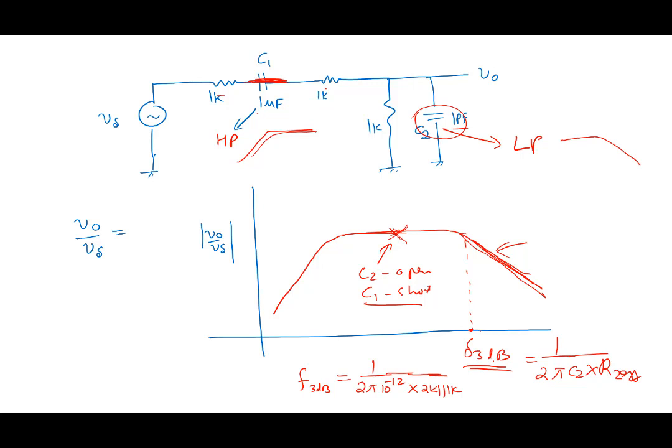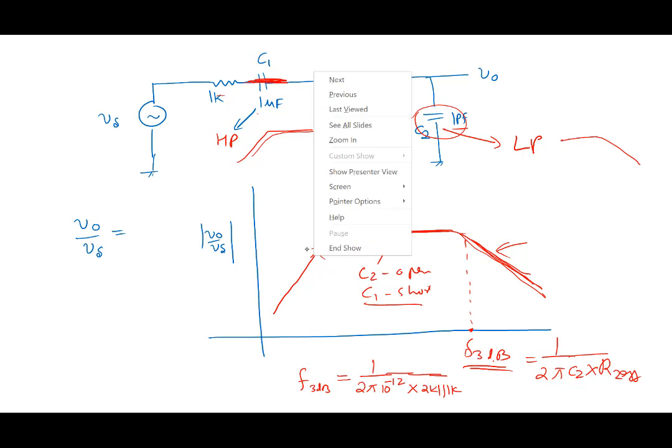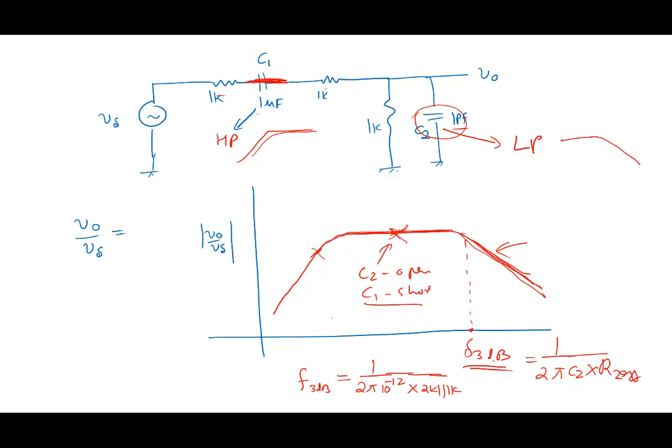What about this point here? In this entire region, you all agree C2 is open and C1 is short. Now if I come to this point, do you think C2 can still be considered open? If C2 is open here and I go to even lower frequency, C2 should still be open, but C1 is no longer short.